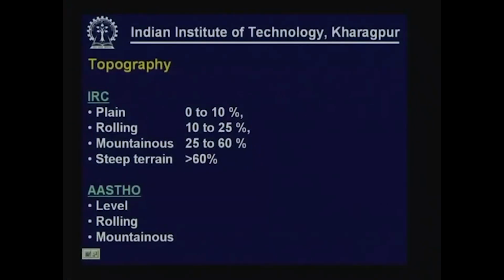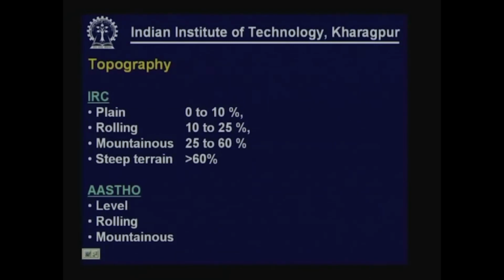According to this cross slope, terrain is classified as plain terrain, rolling terrain, mountainous and steep terrain. If the cross slope is between 0 to 10%, it is called plain terrain. Similarly, 10 to 25% rolling terrain, 25 to 60% mountainous terrain and more than 60% it is steep terrain.